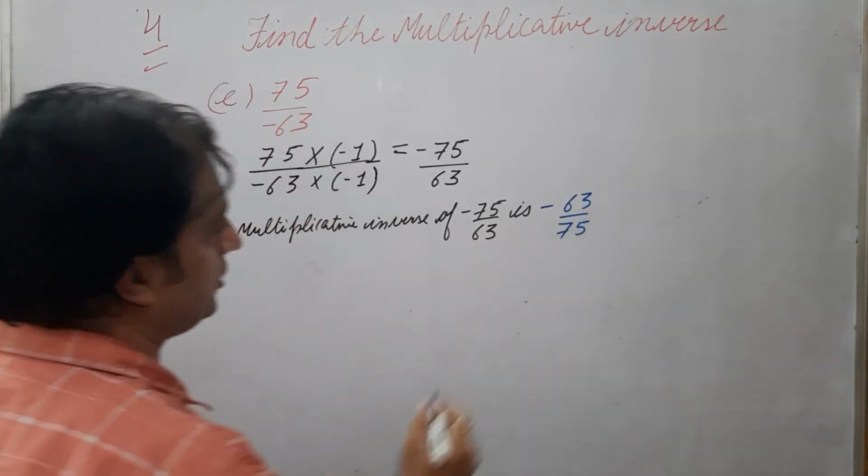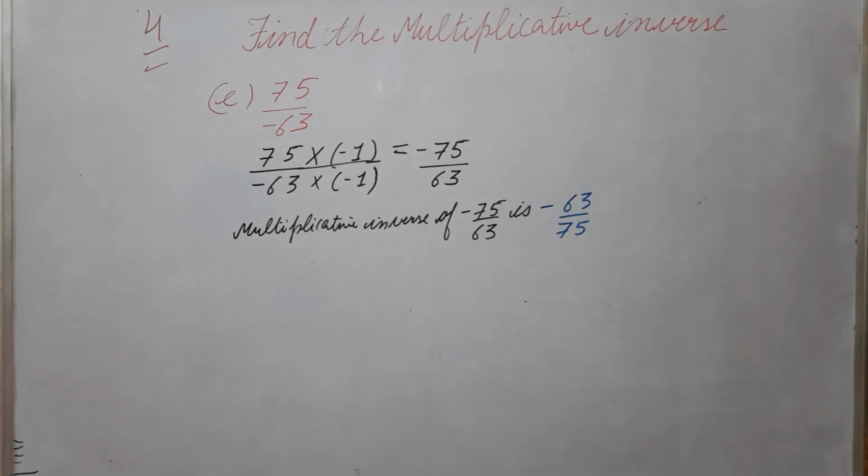Just interchange the positions of numerator and denominator. So this is the multiplicative inverse of a rational number with a negative denominator.